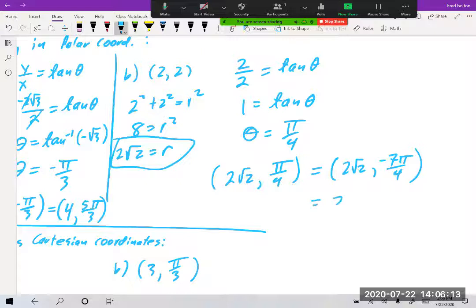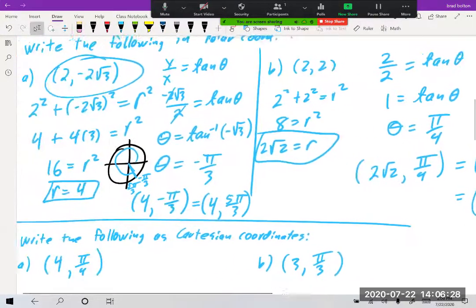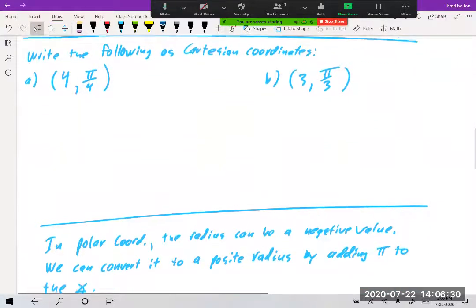We could do 2 square roots of 2 comma 9 pi over 4. And all of these are the same location. They would all end in the same location. However, for the Cartesian or the rectangular, it would just be 2 comma 2, okay? So something just to note is there's an infinite number of ways to do these angles, right?